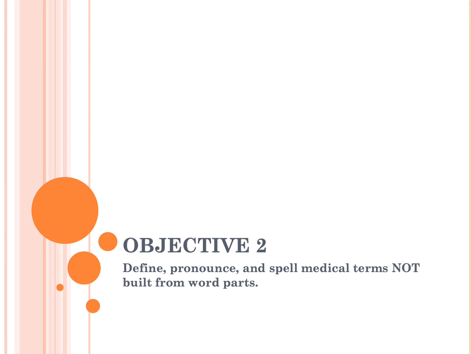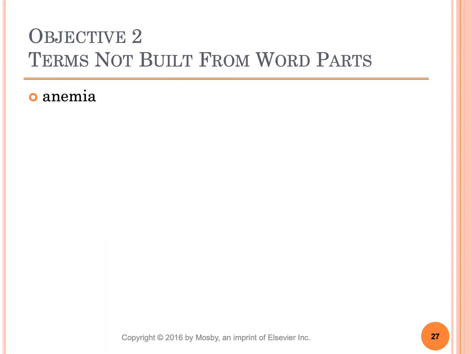Okay, so what about some medical terms that are not built from word parts? Let's look at some of those now. The first one is anemia. And anemia is a condition where there's a reduction in the number of red blood cells, or erythrocytes. So this can be caused by a variety of things. Intraoperatively, it could be caused by hemorrhage, right?